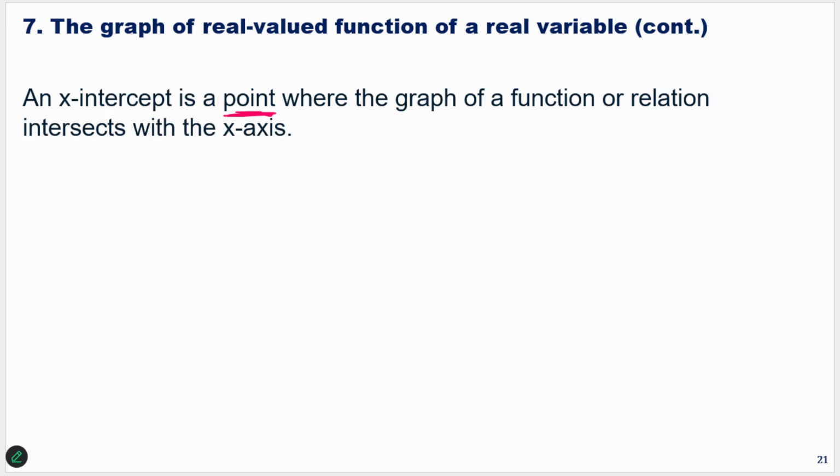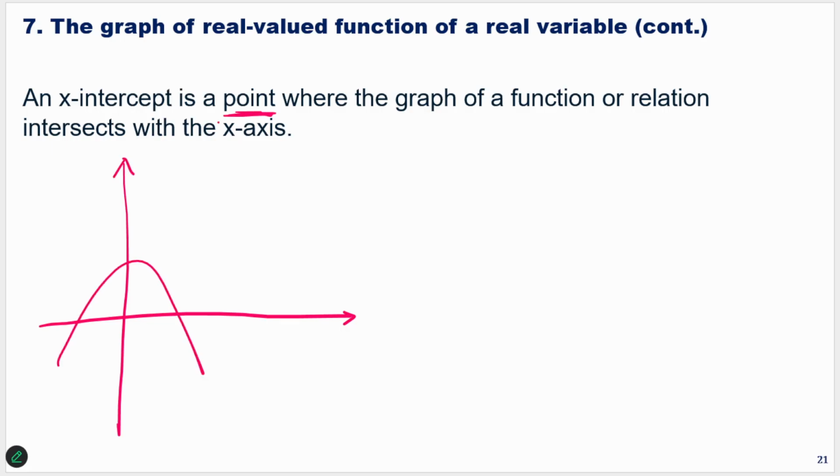So no matter what the graph looks like, for example, let's just write some arbitrary graph here, as long as you can find the intersection between this curve and the x-axis, these points are called x-intercepts, right?